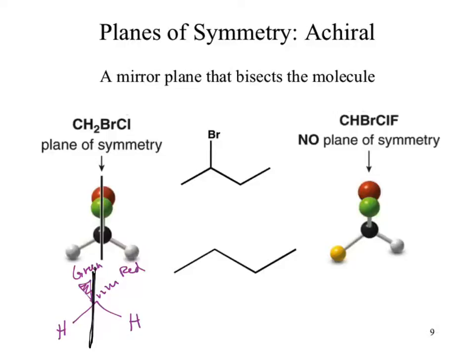The same thing's happening with our halogen compound. The same kind of thing is happening with just butane. Where's the plane of symmetry within butane? I saw one hand showing that. So when I reflect across that plane, I have a carbon right there. Where is it? Going the other way.